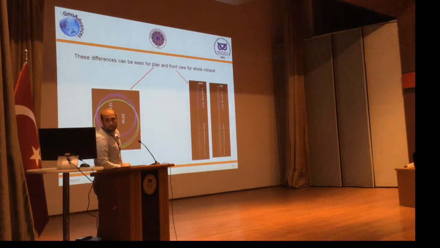So that makes a total of 40 centimeters between the center of the first section and the center of the last section, and this is equivalent to a 1.64 degree tilt in the vertical axis of the minaret.